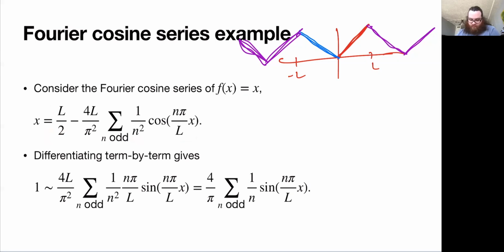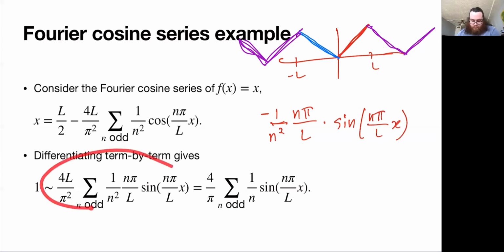So 1 over n squared is unchanged, n pi over L is going to come out, times a minus sign, times sine of n pi over L x. Written down here, this piece right here is the derivative of that piece.